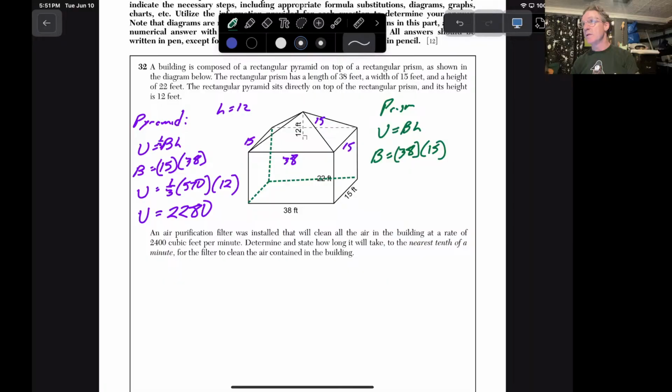So the area of the base is 570, and then the height in this case is, what's the height of, 22 is the height. So the volume is 570 times 22. Volume of this part is 12,540.